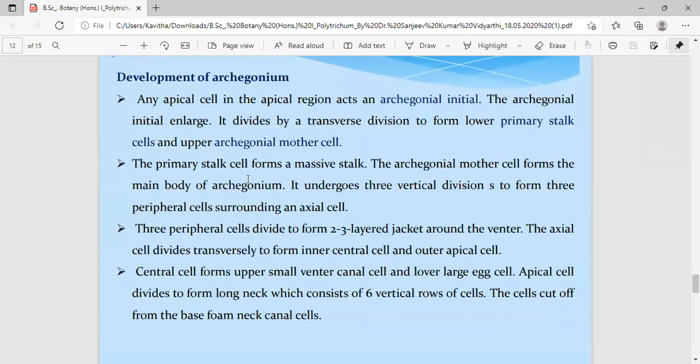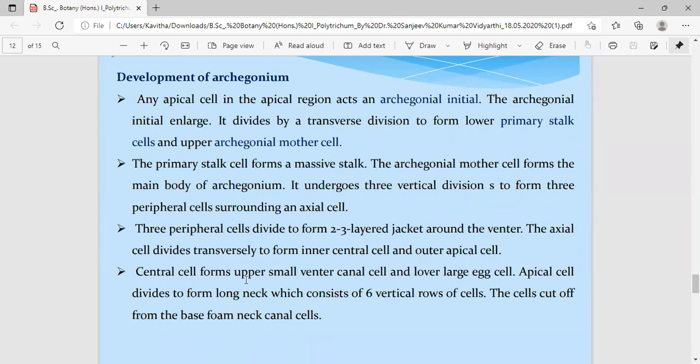Now the stalk will develop into a massive, multicellular stalk region, and the archegonial mother cell will transform itself to form the archegonium. This archegonial mother cell will undergo 3 vertical divisions and form 3 peripheral cells, and these 3 peripheral cells will divide to form the jacket layer around the venter, and the surrounding axial cell will transform into the inner central cell and outer apical cell.